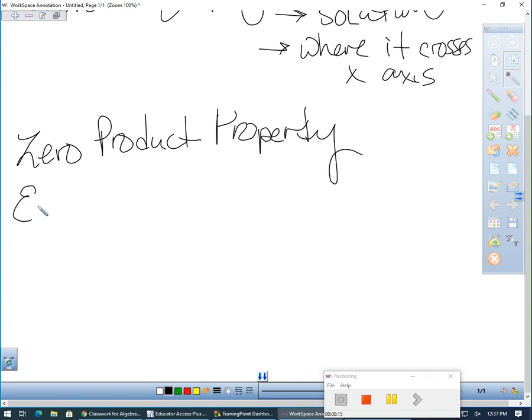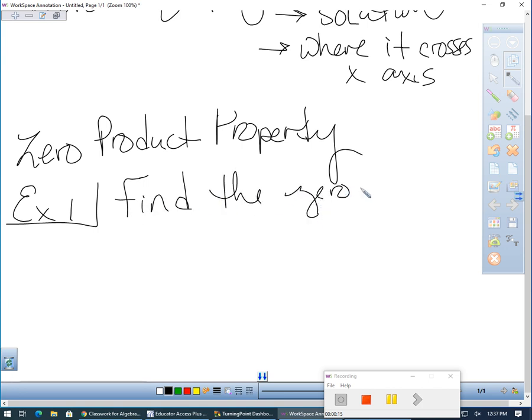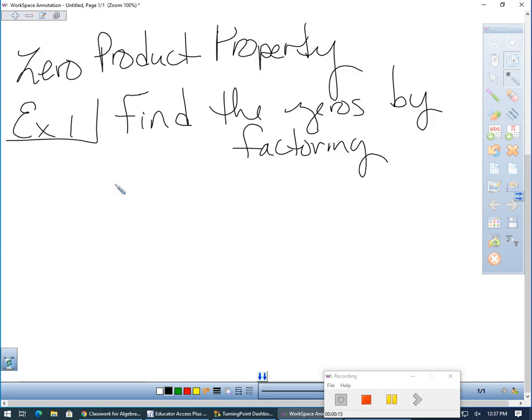So here is example number 1. Find the zeros by factoring. All right. So let's say I have y equals, how about let's start off with an easy one, x to the third minus 16x.